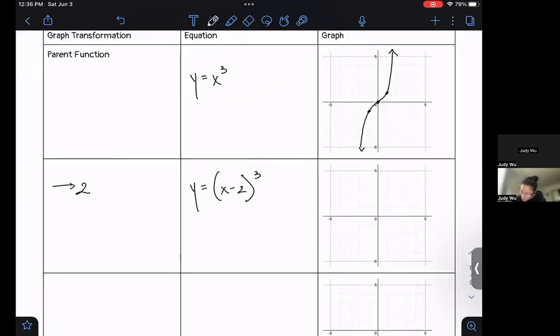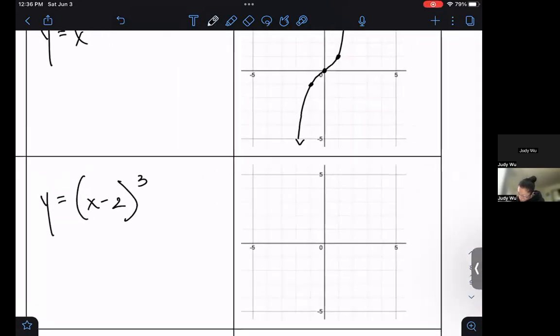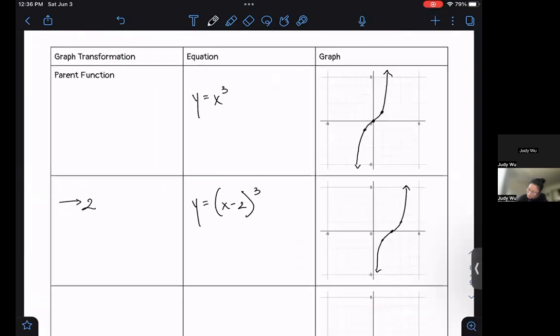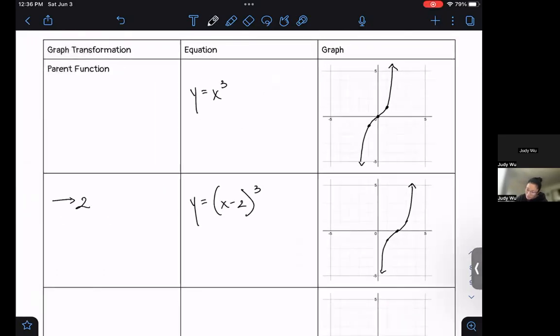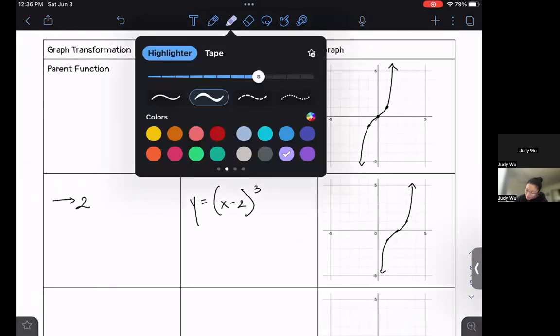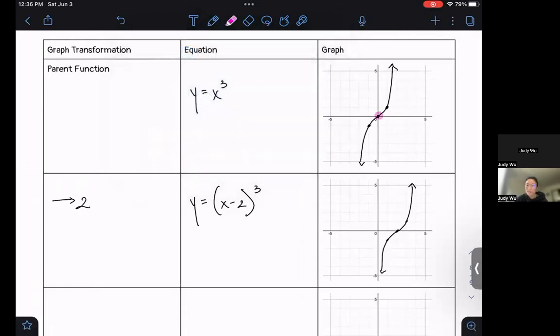And so I can take this picture and move everything to the right 2 units. And same thing, I want to make sure that I'm not connecting with a straight line, but a nice curve like that.